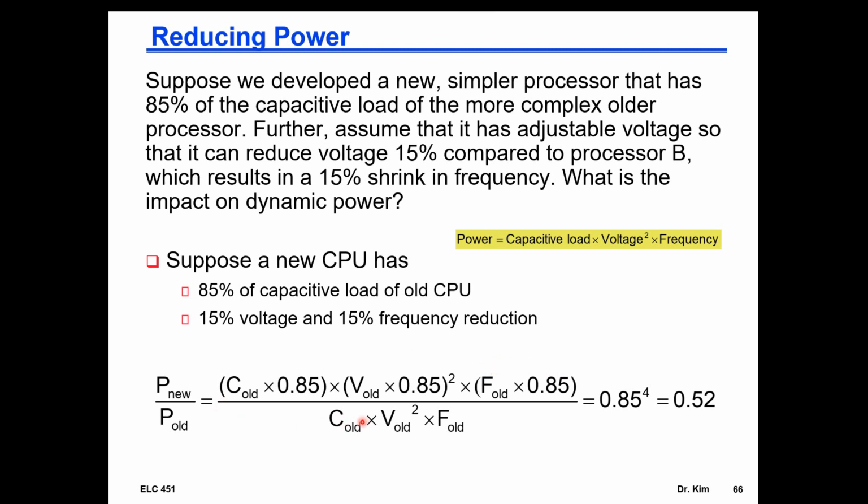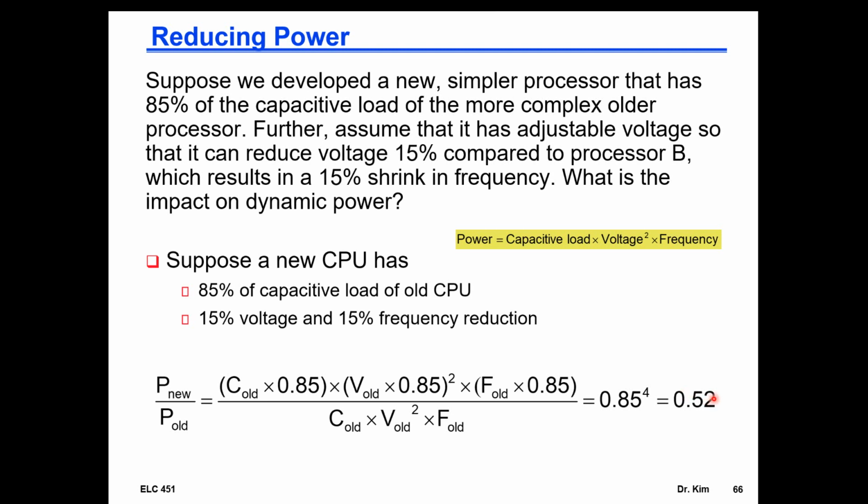And here we have the power for the old one, just C old, V old squared times F old. So we get rid of the variables, and we get that the new power is about half of the old one.